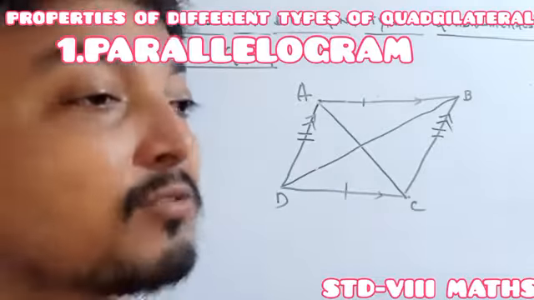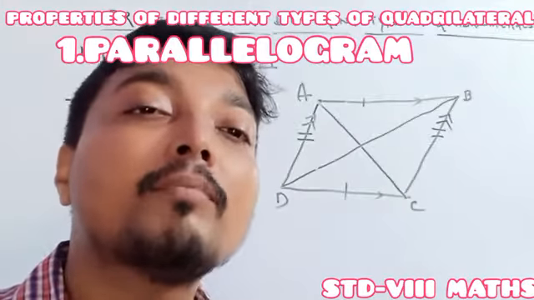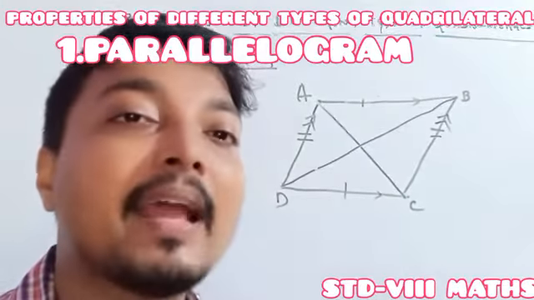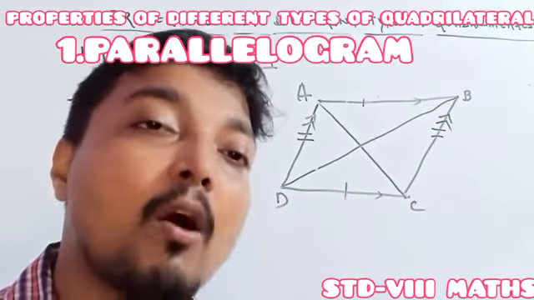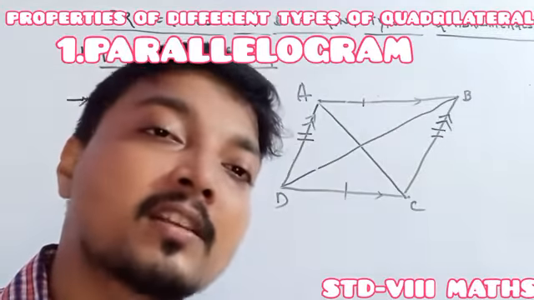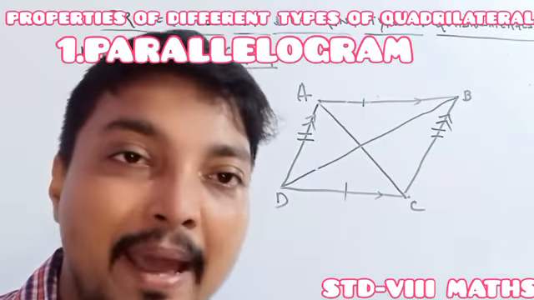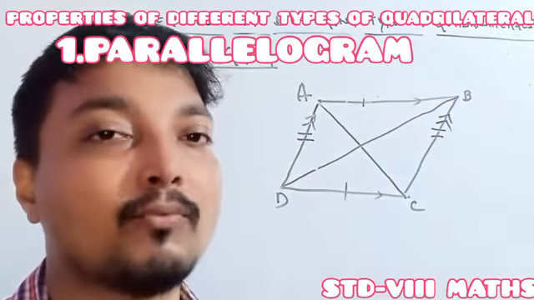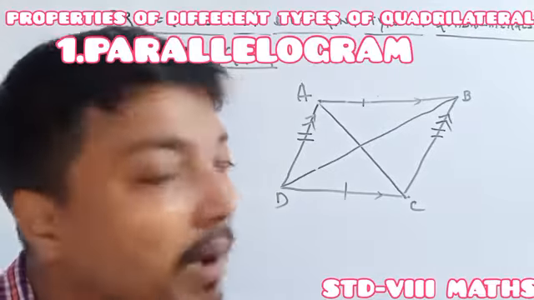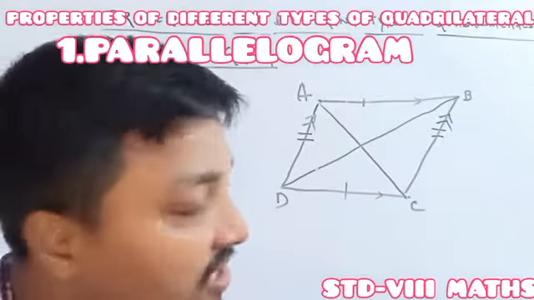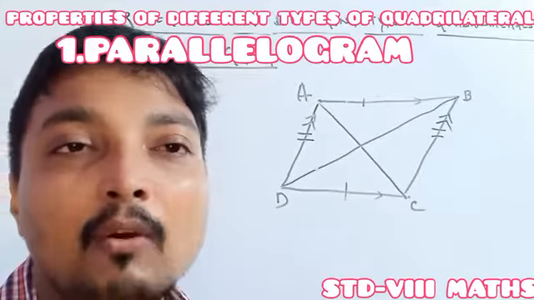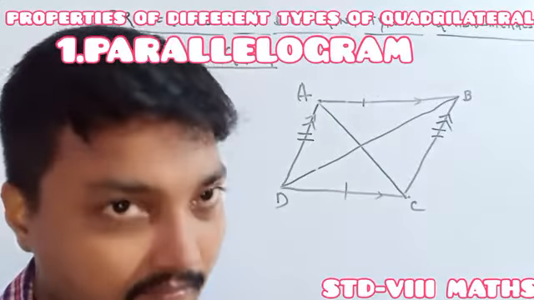Another point you just have to remember: for a few special parallelograms, the diagonals will be the same. On the way of discussion, I will also say which special type of parallelogram has two equal diagonals. But in the normal parallelogram, the structure is just like this, and the diagonals are not equal. Ready?